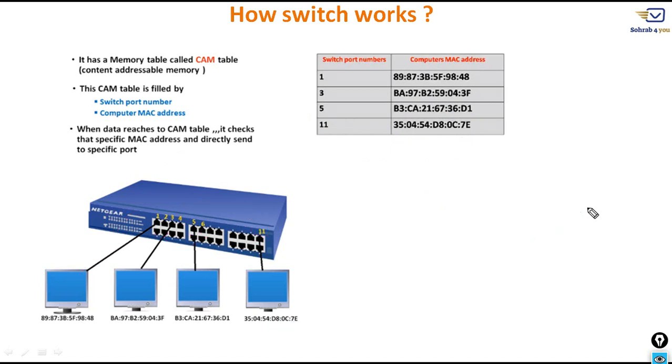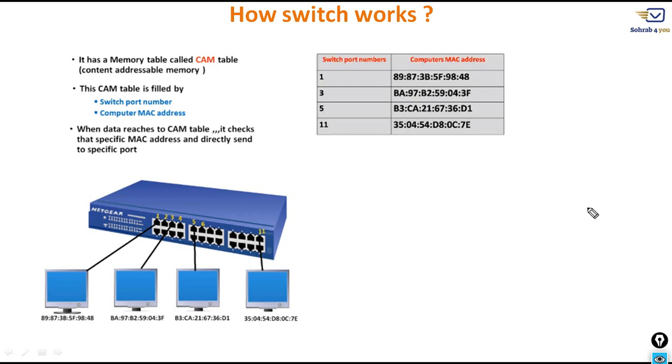So simple, guys. Again, let me review for you how the switch works. The switch has a memory called the CAM table, where CAM stands for content addressable memory. The CAM table is made up of two parts: switch port number and computer MAC address. So how does the switch know which port to send to for which MAC address?